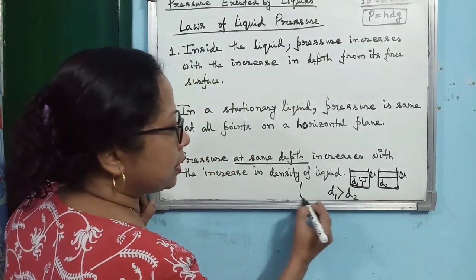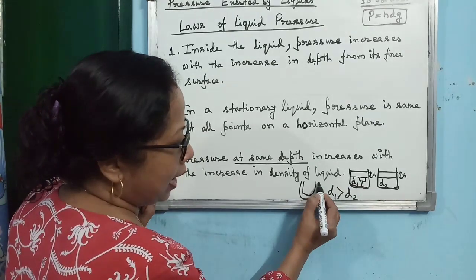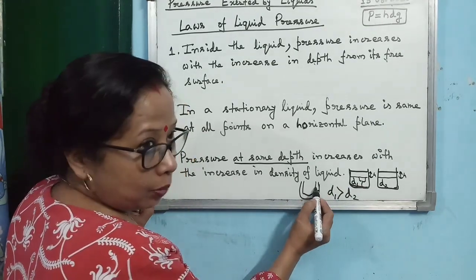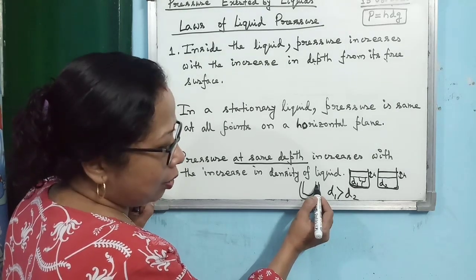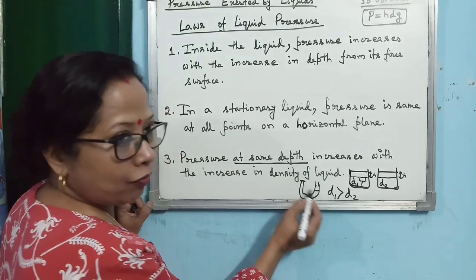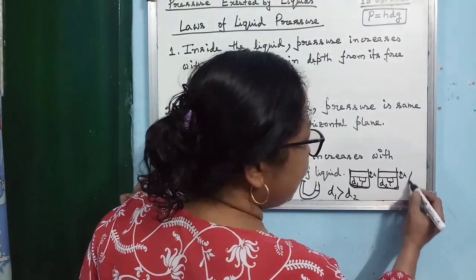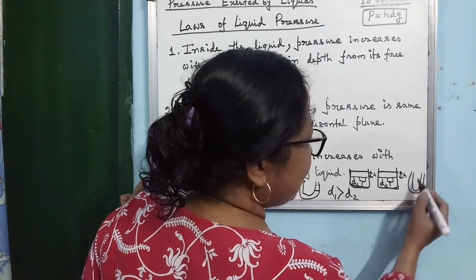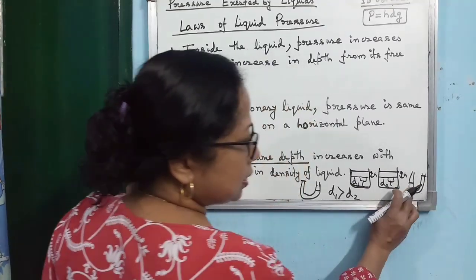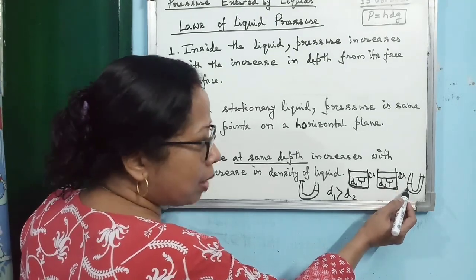Then what you will observe, for this one I am drawing the diagram, is that here the liquid level will come down more, means the difference between the liquid levels will be more. But when you keep the thistle funnel in the second liquid, you will observe that in the same U tube the mercury level will come down by a lesser amount.